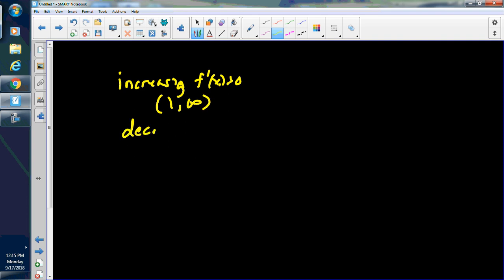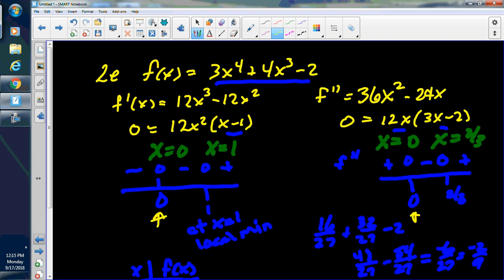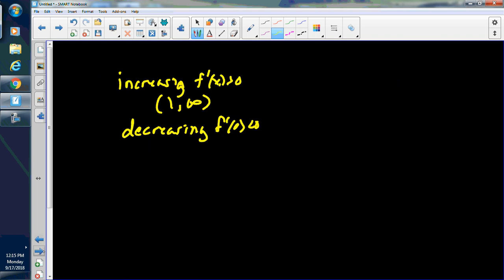And it's decreasing wherever we are negative for our first derivative. And that would be from negative infinity to 0, and then from 0 to 1. We can't just say negative infinity to 1 because at 0 it's not increasing or decreasing.